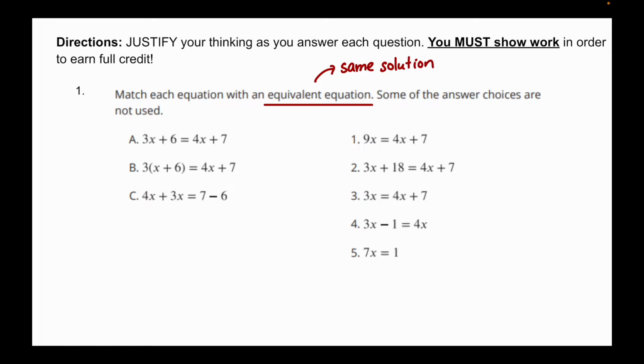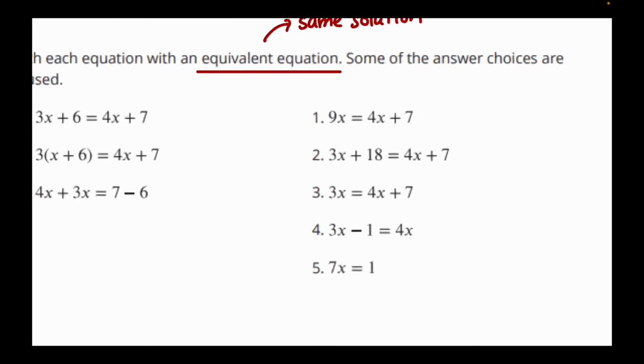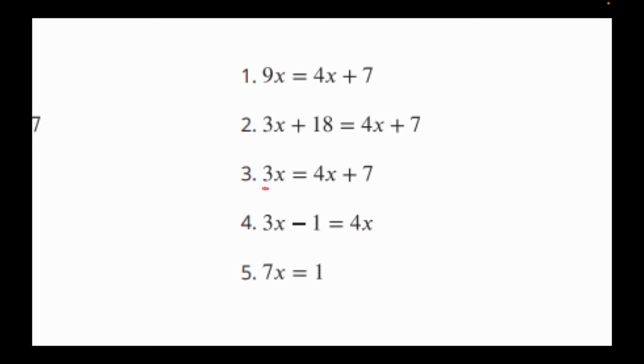So let's actually look at this first one here. 3x plus 6 equals 4x plus 7. So I want to see if I have anything here that is similar. I have 3x plus nothing makes 4x plus 7, but that's not right for that one. 7x equal to 1, maybe not.